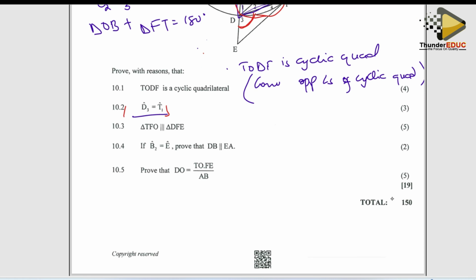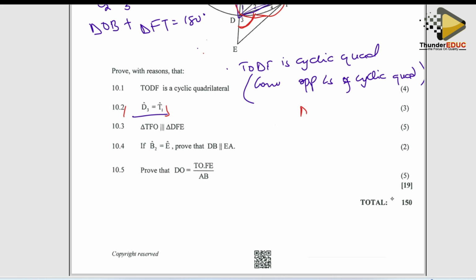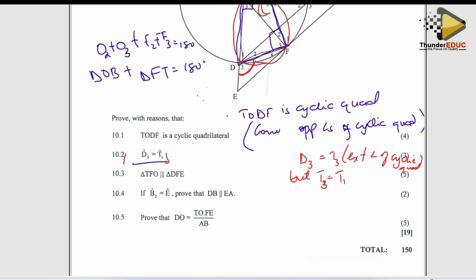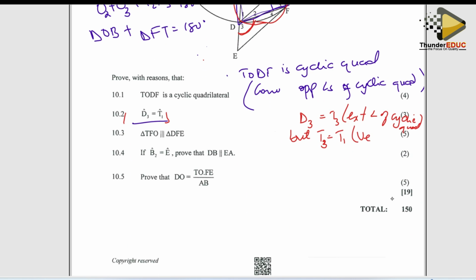So we are now writing D3 is the same as T3. Reason: exterior angle of a cyclic quadrilateral. But we know that T3 is the same as T1. They are vertically opposite. Therefore D3 is the same as T1.